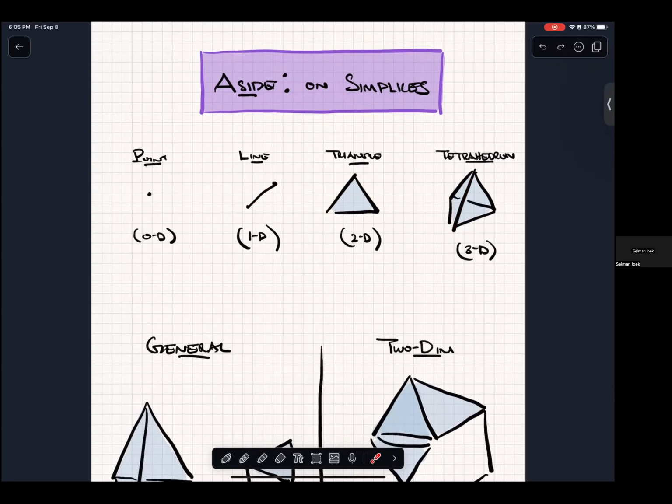The way you define these in higher dimensions is that a higher dimensional simplex, or generalized triangle, always has each vertex neighboring all the others. I can take one vertex and it goes along an edge to each of the other neighbors. This vertex is a neighbor to this one, and this one. And I can do that for all of them. So that's how you define these for higher dimensions.